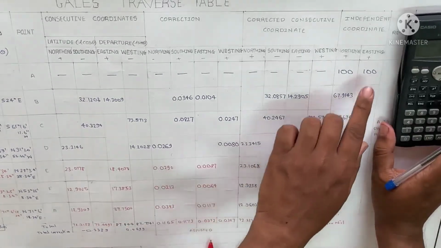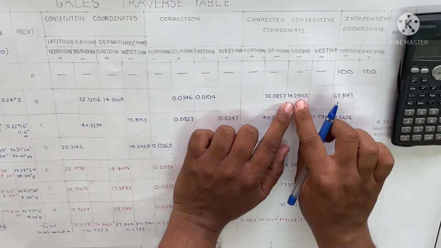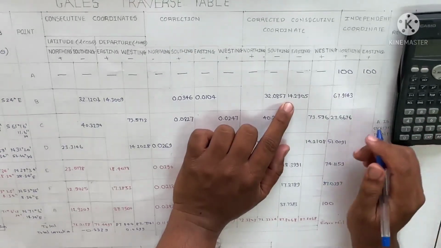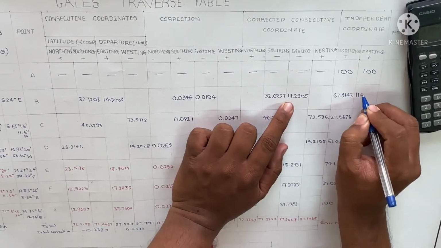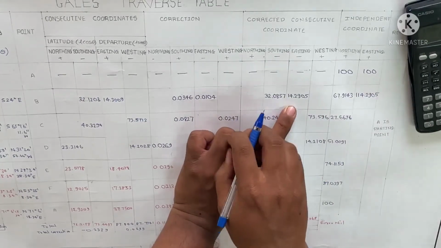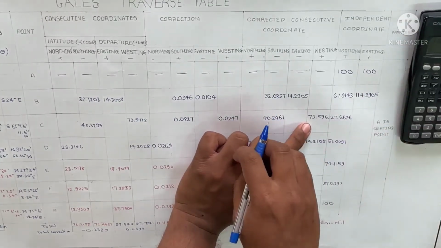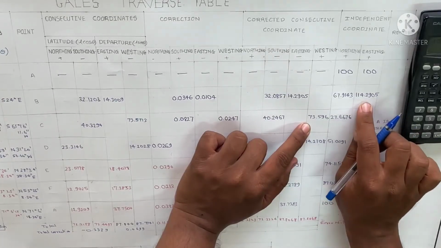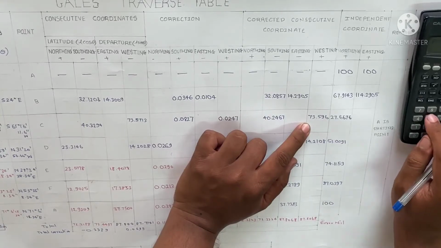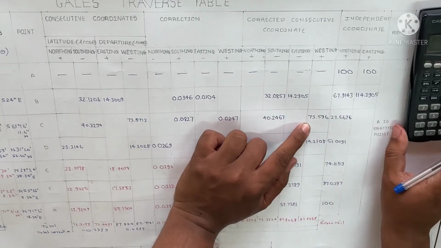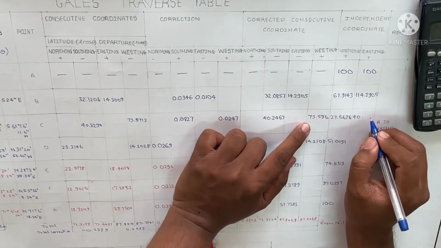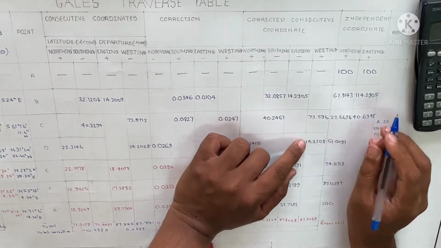Likewise, we calculate the easting now. 100 plus 14.2905 comes out to be 114.2905. Next it is westing, so we deduct it: 114.2905 minus 73.596, which comes out to be 40.6945.